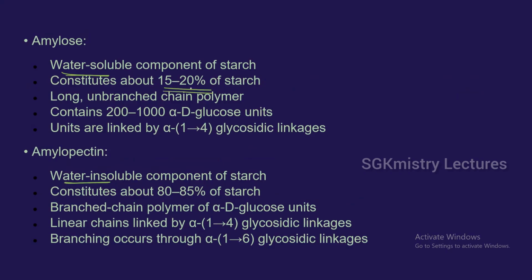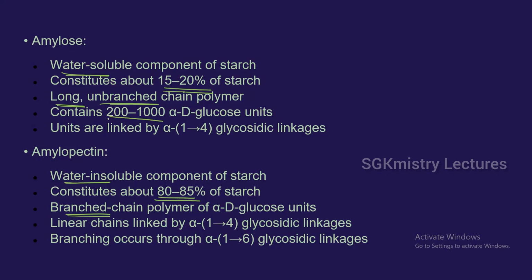Amylose consists of around 15 to 20% of starch, whereas amylopectin forms a major part of the starch, that is 80 to 85% of the entire starch sample. Amylose consists of a long unbranched chain, it does not have any branching, whereas amylopectin consists of a branched chain.